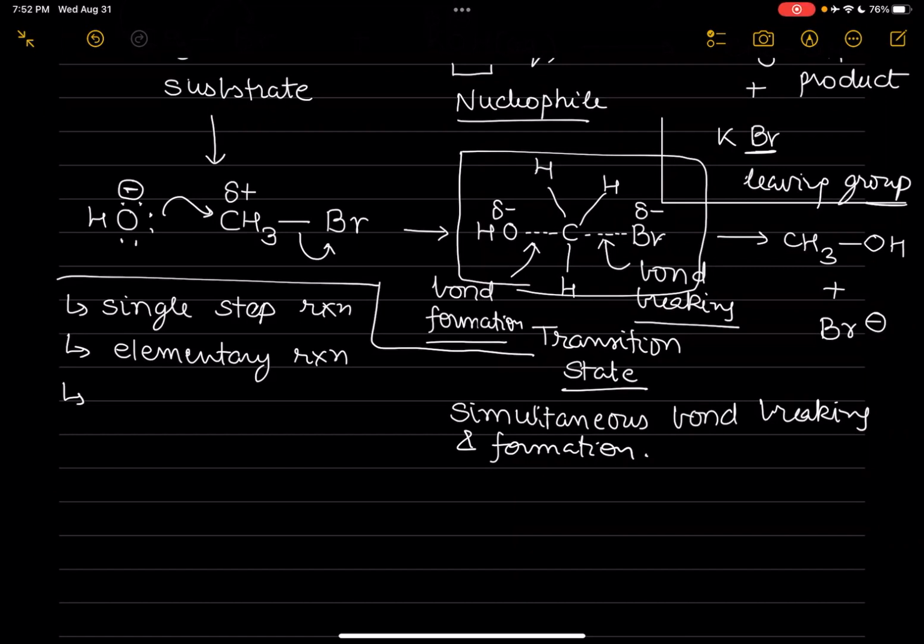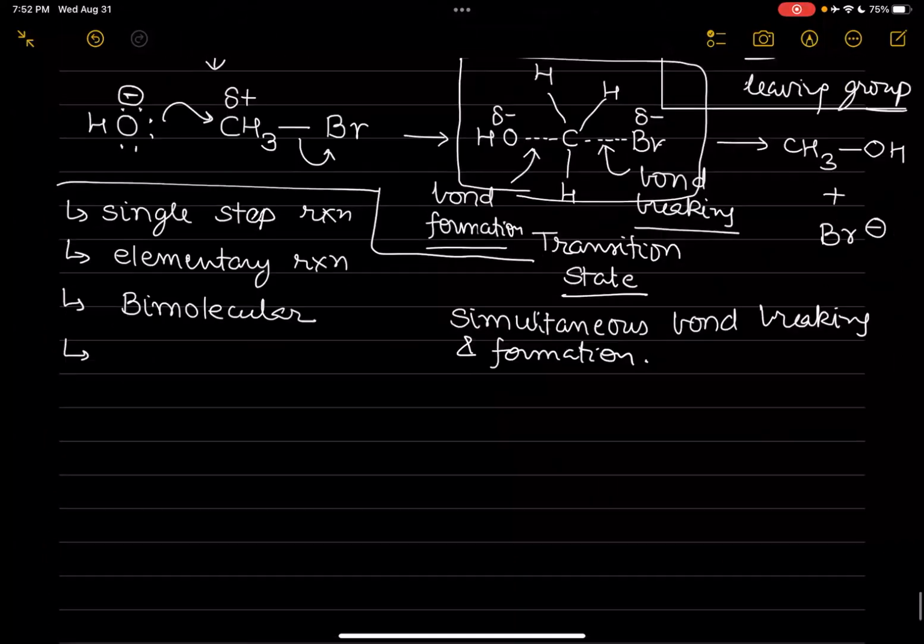This is known as molecularity. So it is known as bimolecular. Bimolecular means two molecules are simultaneously colliding to form the product in one step only.